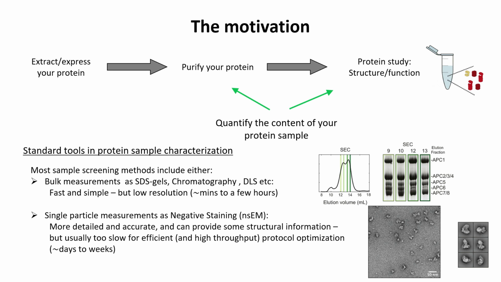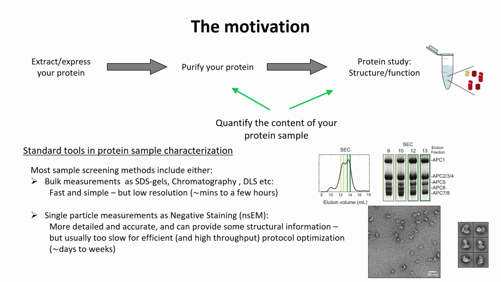The disadvantage is that it's low resolution, so getting a high resolution mass distribution is usually not possible. And if we look at the timescales for getting a result, it will take around a minute to a few hours.